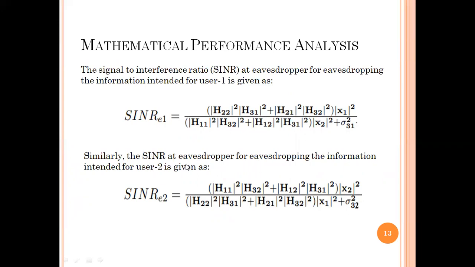The eavesdropper is trying to eavesdrop the information intended for user 2, but there is a degradation in that information. We can easily see the degraded signal to interference plus noise ratio.